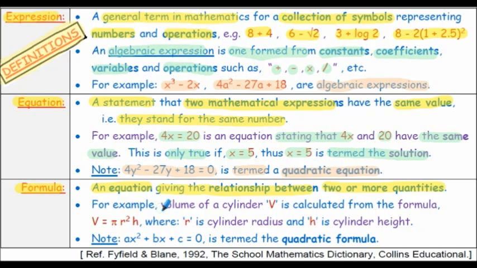For example, the volume of a cylinder, symbol V, is calculated from the formula V is equal to pi r squared h, r being the cylinder radius, h being the cylinder height. Note that ax squared plus bx plus c equals 0 is termed the quadratic formula. So as I say, those definitions are just for your background information.